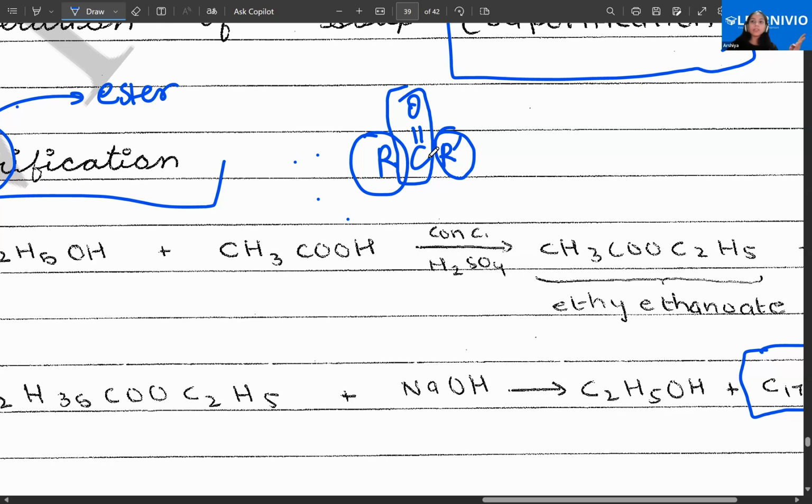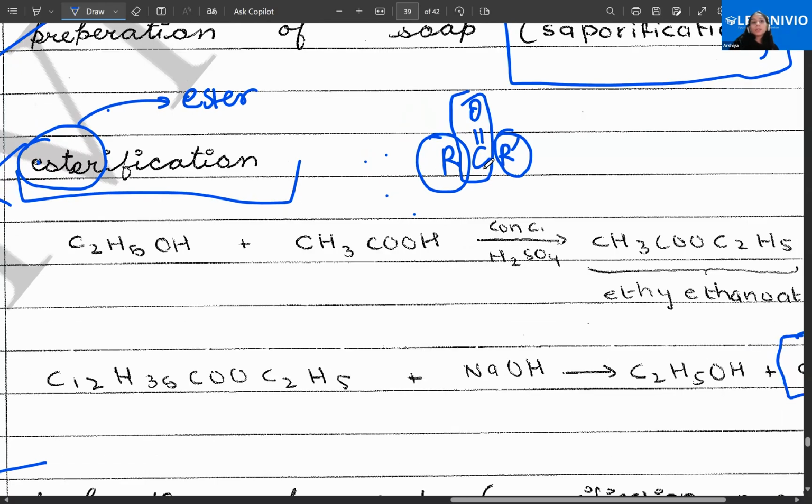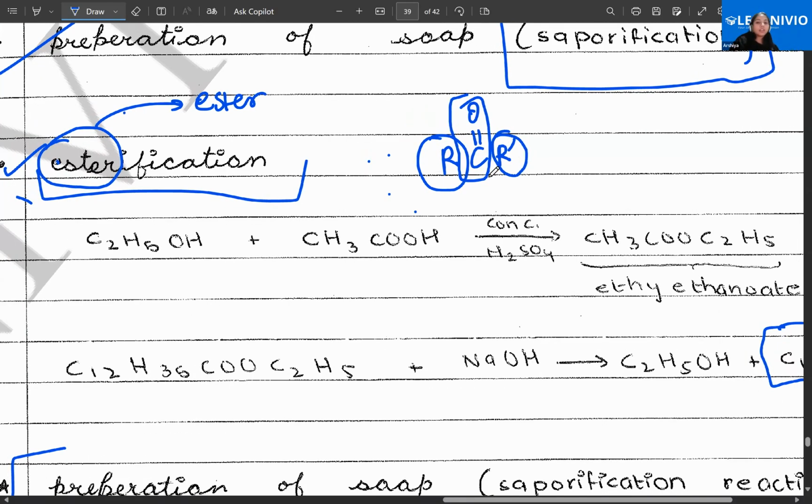This is the most common, and this is ester basically. So we'll have to form this ester first.